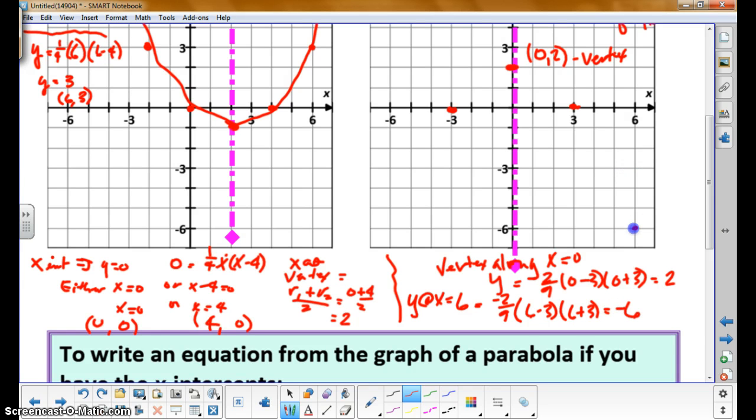So that's going to come down here. And let's see. So 1, 2, 3, 4, 5, 6 away from the line of symmetry. So we can go 1, 2, 3, 4, 5, 6 to find that 5th point. And then we can connect the dots. Now, that's not a good connection, but there it is. And we have our parabola.